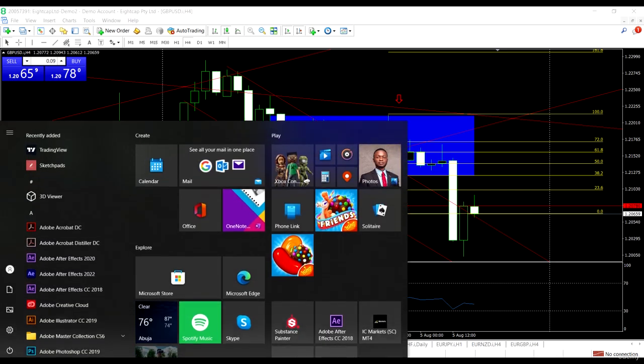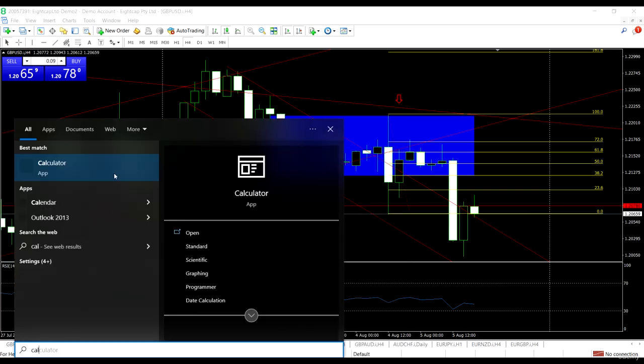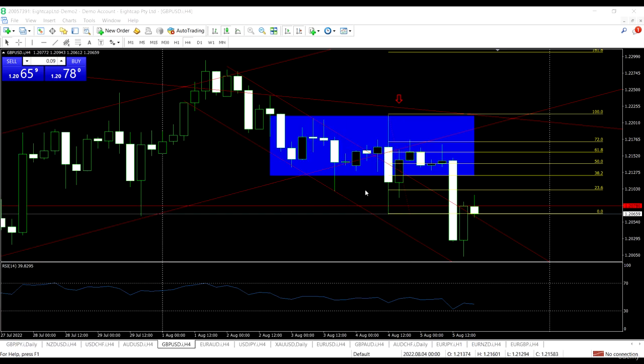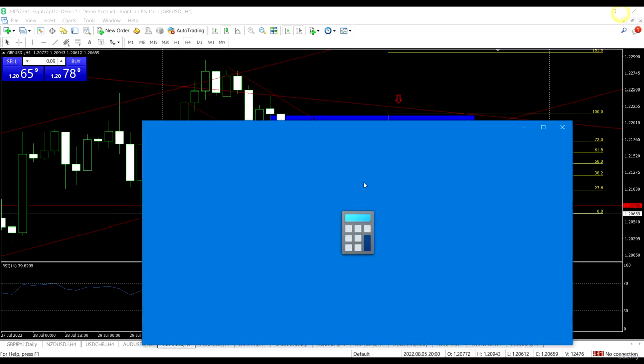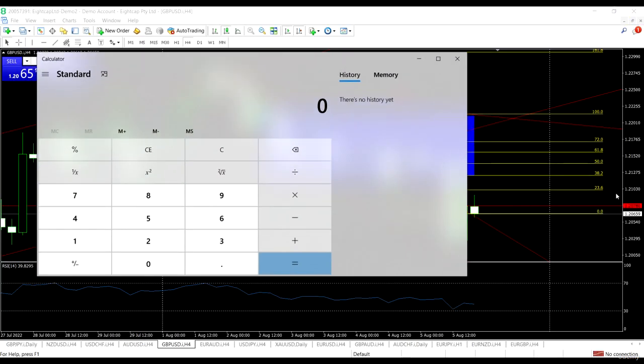Okay, so let's use our calculator to do this simple calculation. 780 minus 659. So you can see we have a 12 pip difference.